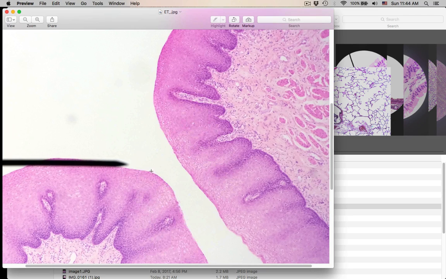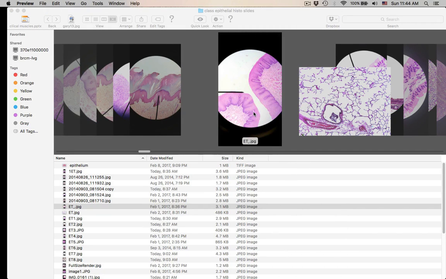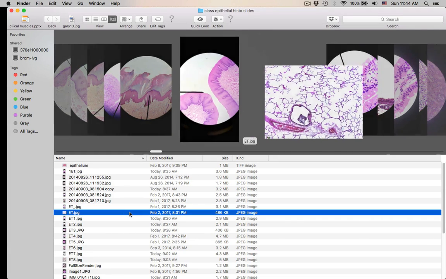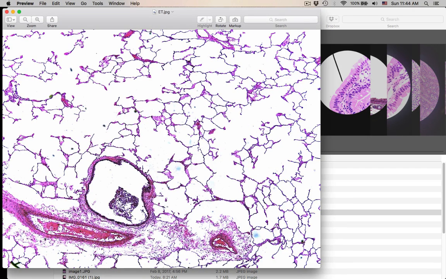This slide most likely is either from the esophagus or the vagina. Areas of wear and tear where you need a thick layer of protection. Stratified squamous is either going to be keratinized or non-keratinized. You will get it wrong if you just put stratified squamous. I have to know if it's keratinized or non-keratinized.